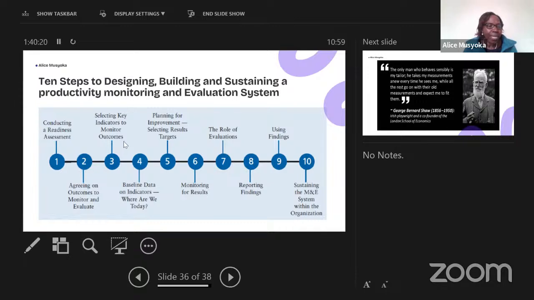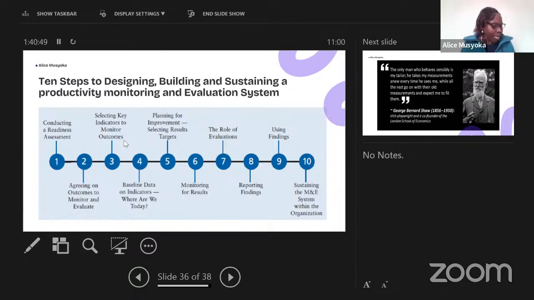Then we look at the outcomes. What has changed? Have those outputs led to the outcomes that we want, like in terms of quality? Have they increased the quality of our products? Have they reduced the rejections and the returns, the reworks?